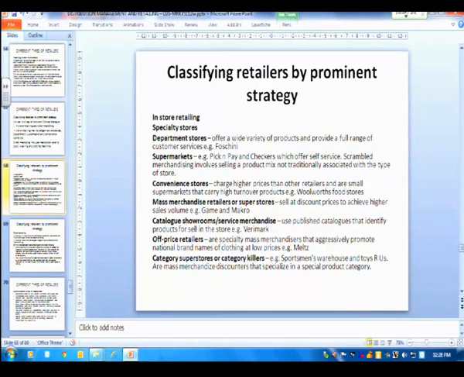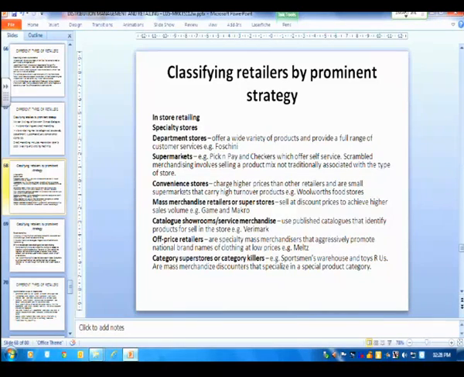Classifying retailers by prominent strategy: in-store retailing, specialty stores, and then department stores. Department stores offer a wide variety of products and provide a full range of customer services, for example, Foschini. Whereas supermarkets, for example, Pick and Pay and Checkers, offer self-service.